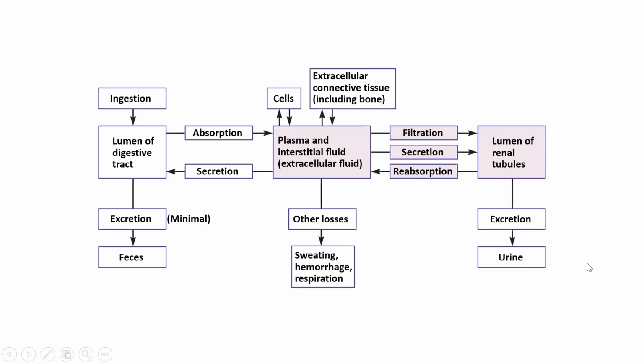Most of the loss of fluid is happening via urine excretion. Okay, so this is just showing us how water input communicated into the plasma, which is like the central area. These are our blood vessels. And then we have water output, which is contributing to this water balance that happens in the body.